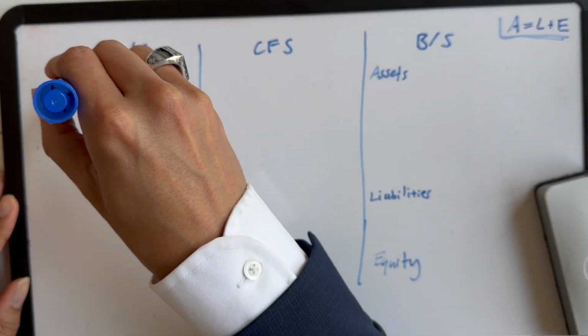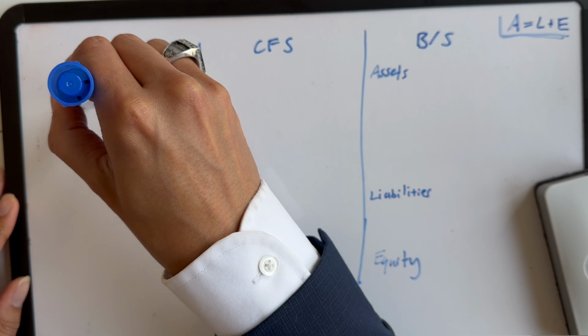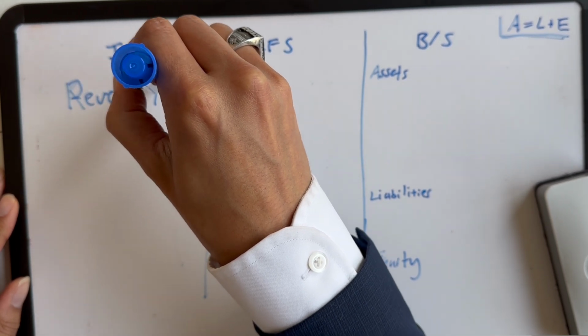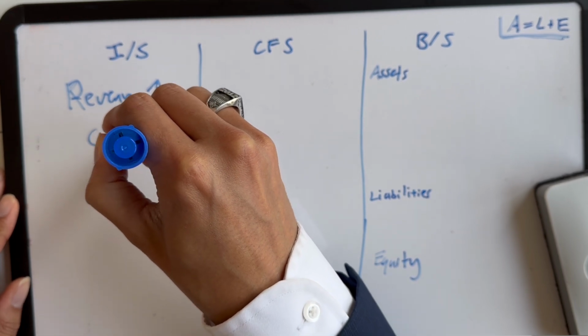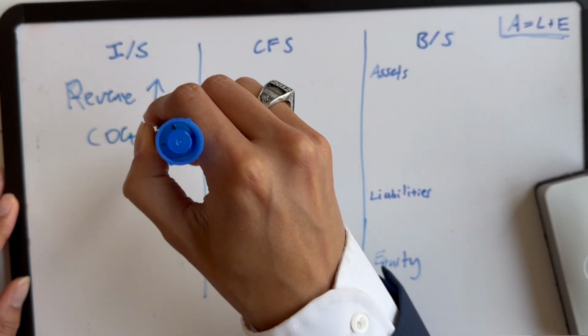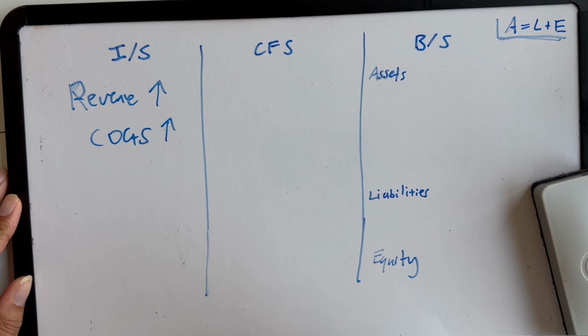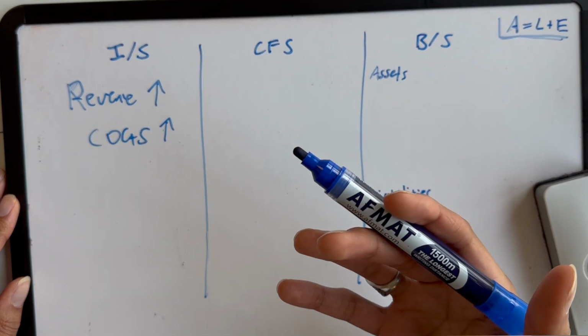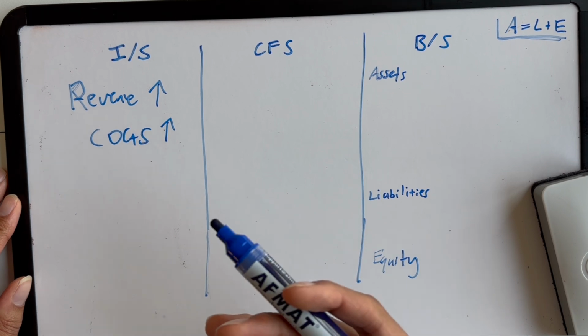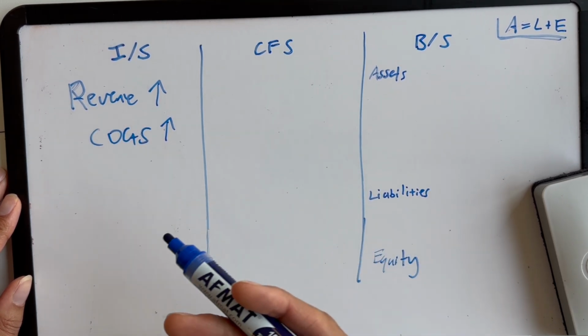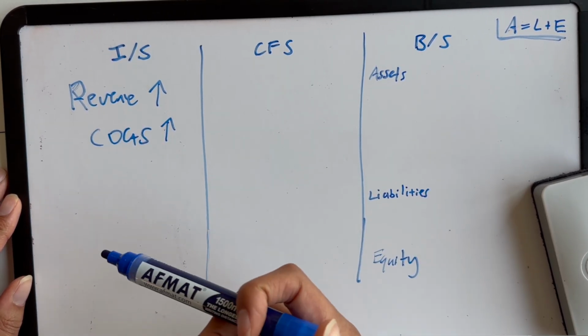So revenue goes up because we just received some money, and the costs associated with that are going to go up because you require money to be paid out to, let's say, material costs or whatever it is in order to actually make the product. So you have some cost of goods sold here.